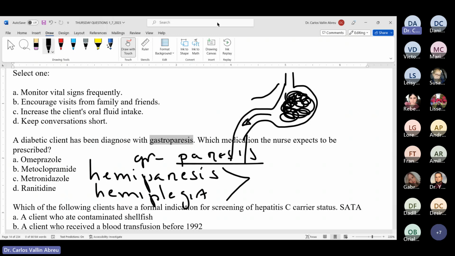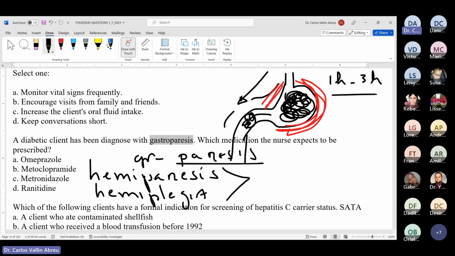Do you know that the stomach has muscle, smooth involuntary muscle, controlled by the vagus nerve, the parasympathetic nervous system? That is the muscle that is stimulated by the vagus nerve to contract and move the food to the duodenum.